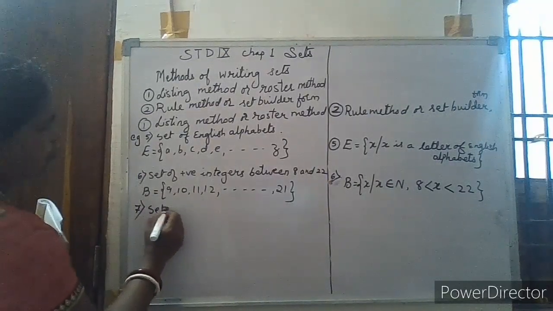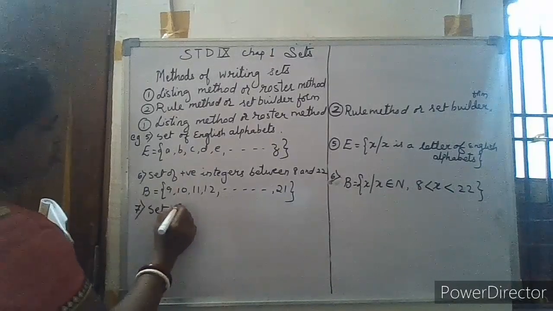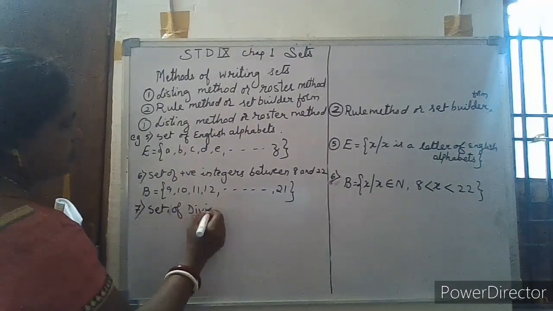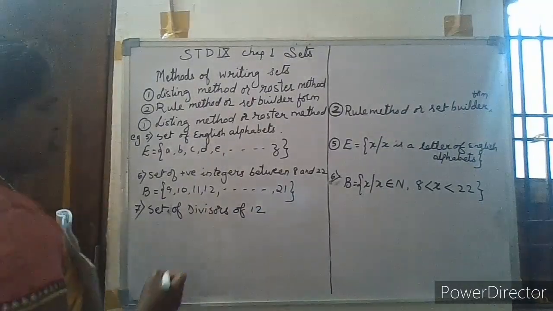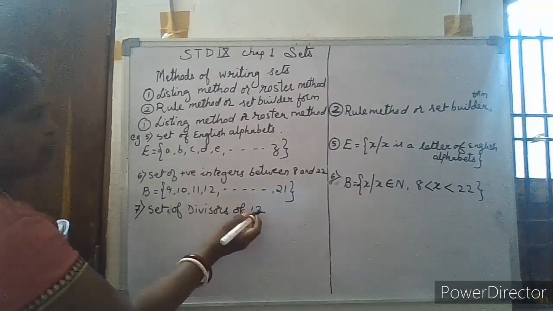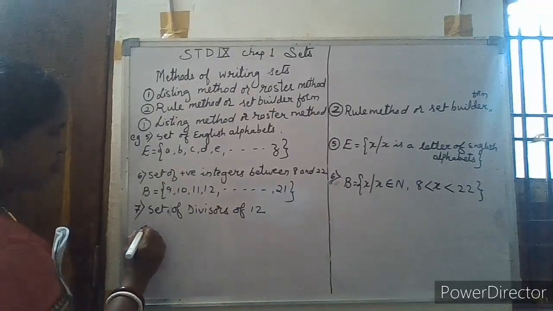Set of divisors of 12. So we know the divisors are factors of 12.